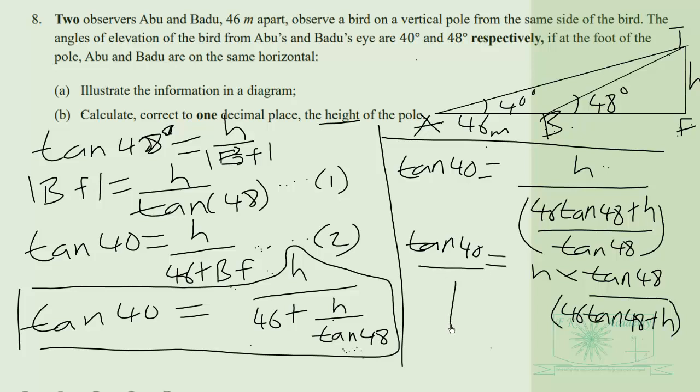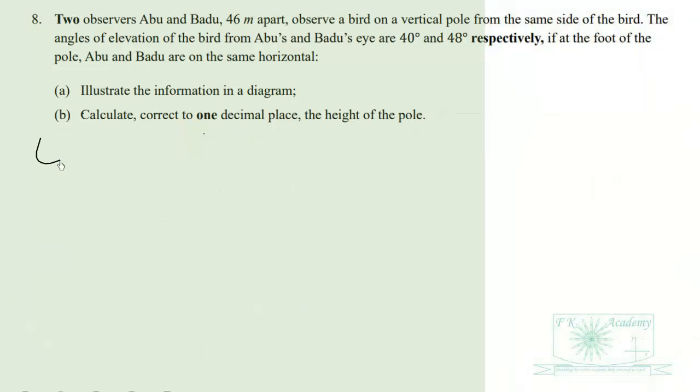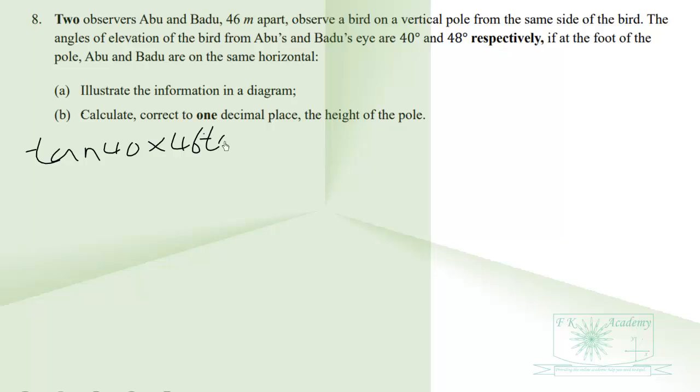This is over 1, so this will multiply this, and this will multiply this. So this will give us tan 40 times 46 tan 48.